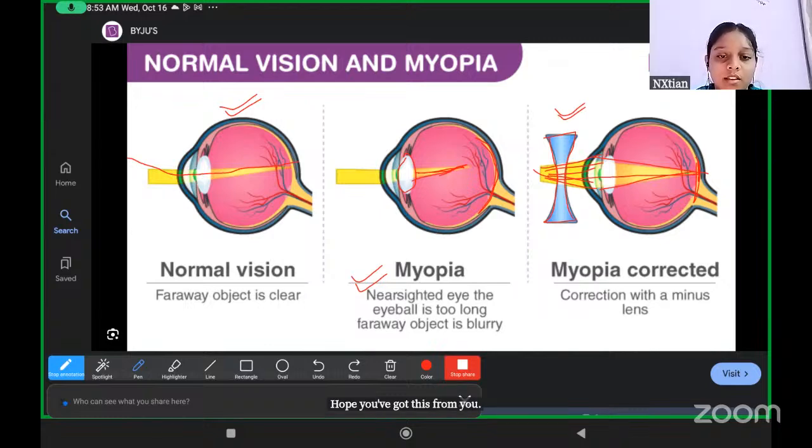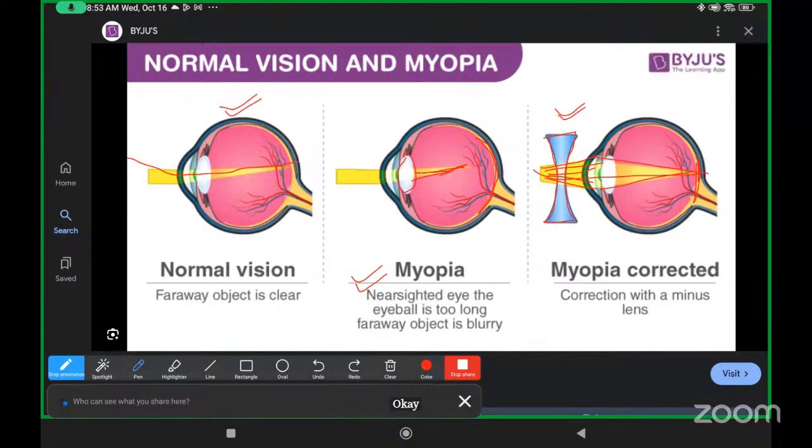Right. Now, what happens with myopia? If the number of the glasses increases, or if a higher number in myopia happens, we have a blurrier vision. Before, what you were able to see was a little blurred.